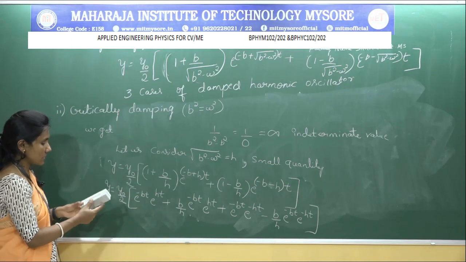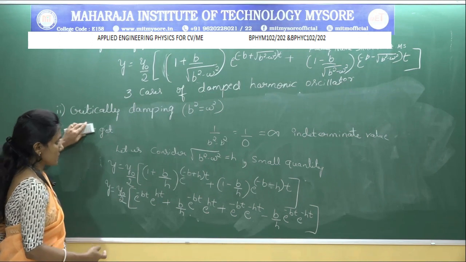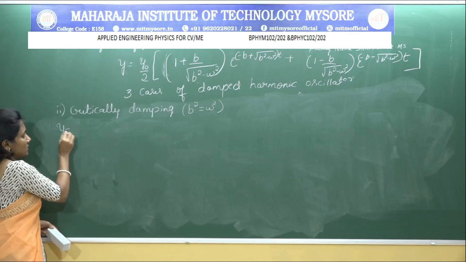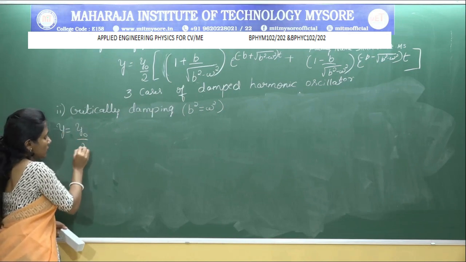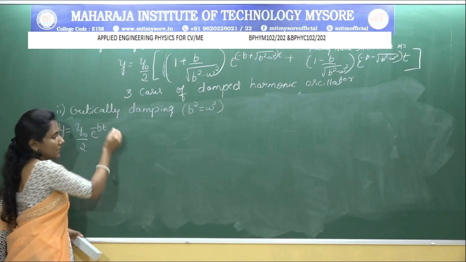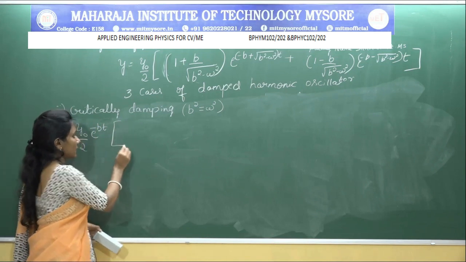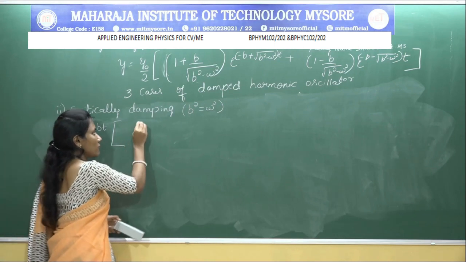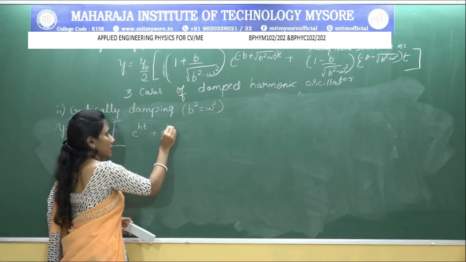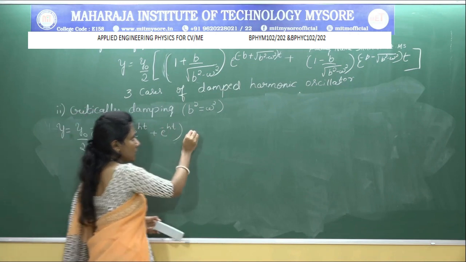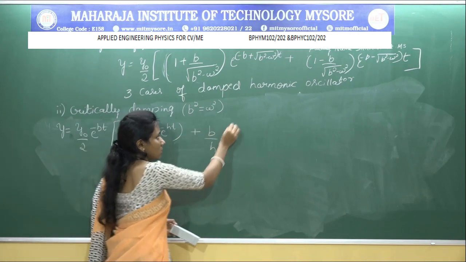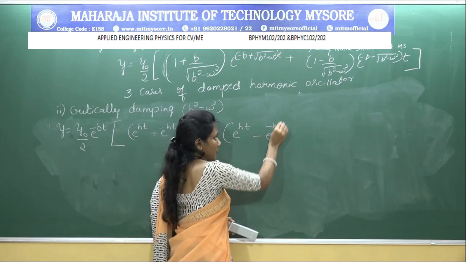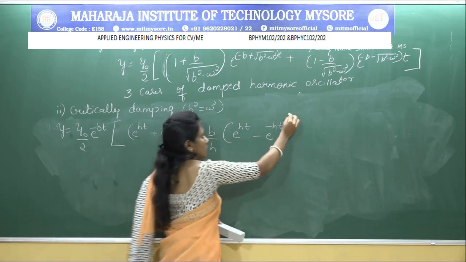So what equation do we get? Let's simplify once again. y is equal to y naught by 2 e to the power of minus bt. When we take the common term outside, we get y naught by 2 e to the power of minus bt times (e to the power of ht plus e to the power of minus ht) plus b by h times (e to the power of ht minus e to the power of minus ht), from the last expression.